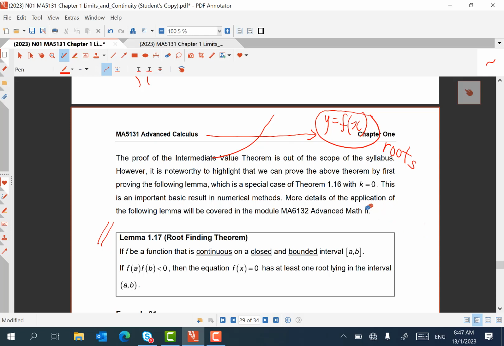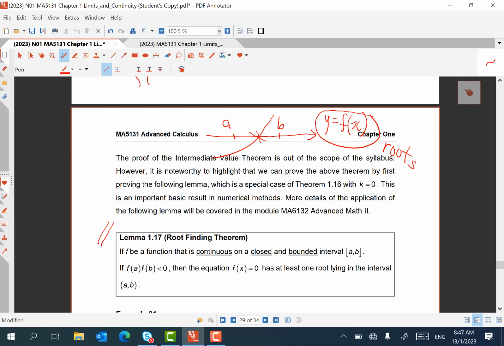So in numerical methods, if you are given a function and the graph looks like this, and you are intending to find the root here, to locate the root, one of the things that we do is to try to roughly locate where the root lies. So you take a point on the left and a point on the right.